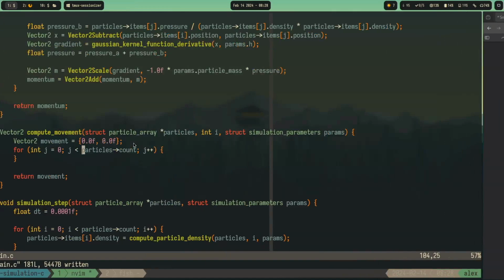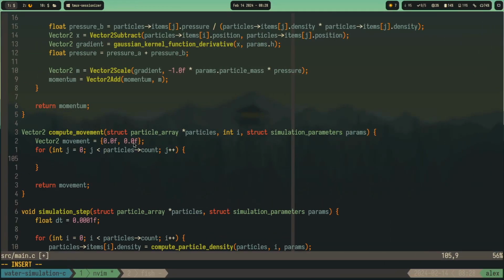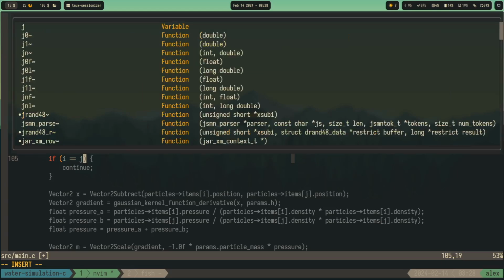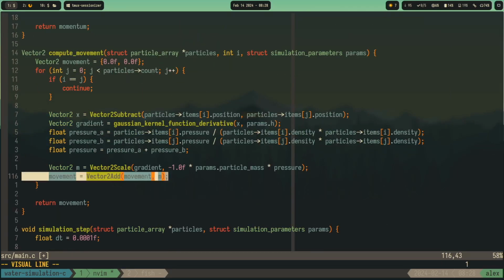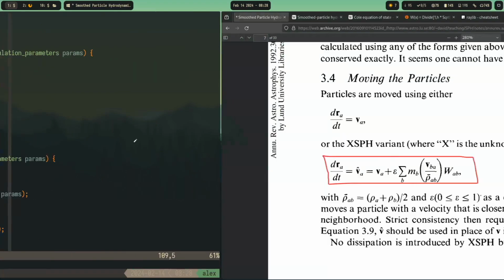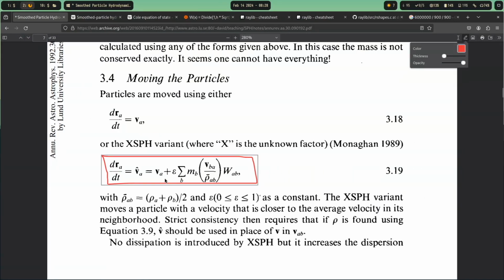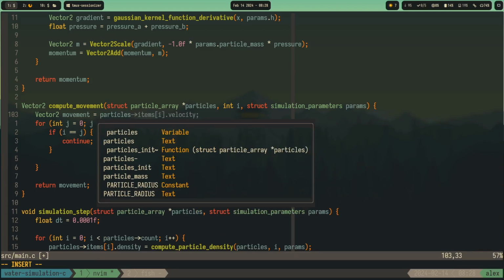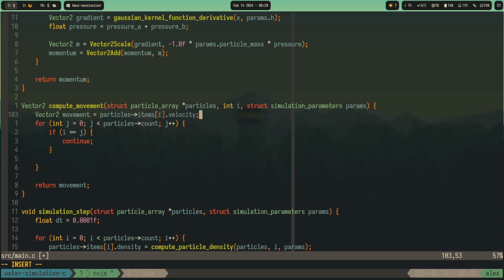Okay. So if i is equal to j, we continue. And we have basically the movement is equal to particles items velocity.